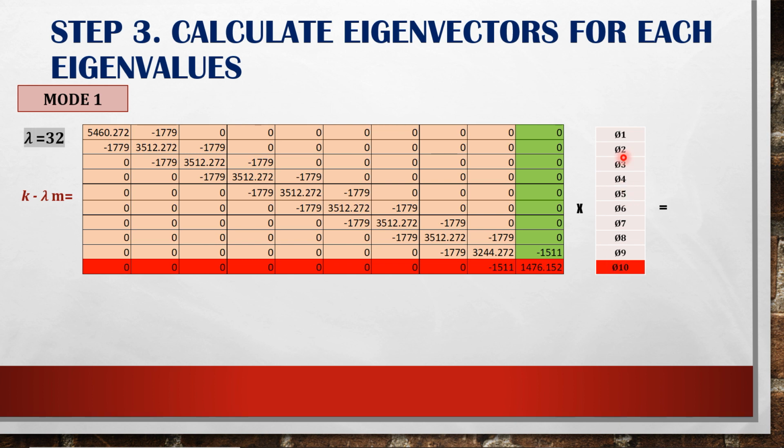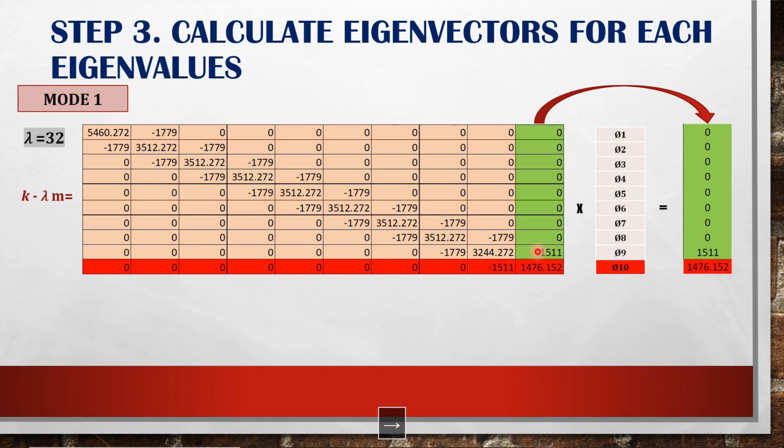Since we don't have a value yet, we transpose this to the other side, this green part. So, negative will become positive. Then, for the one colored red, we will assume that eigenvector 10 is equal to 1.